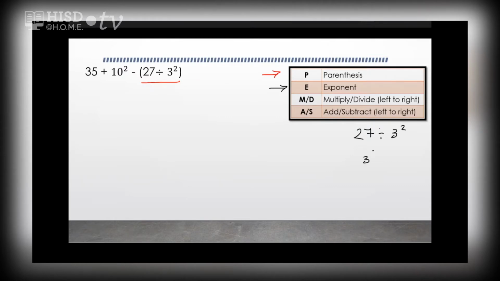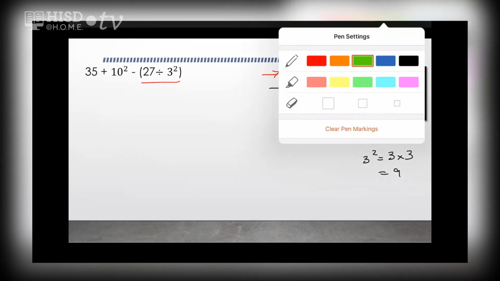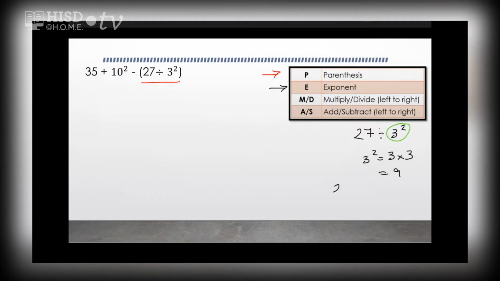So the first thing is I'm going to multiply 3 times 3, which is equal to 9. So that means, I'm going to do it in another color, that this 3 squared is now going to be 9. So the final thing that I have to do is divide 27 by 9, which is going to give me the result of 3.